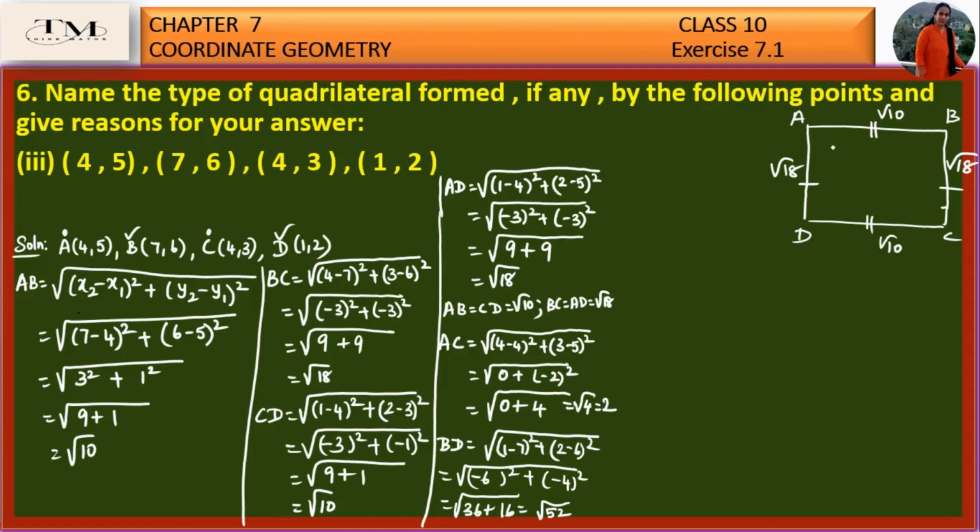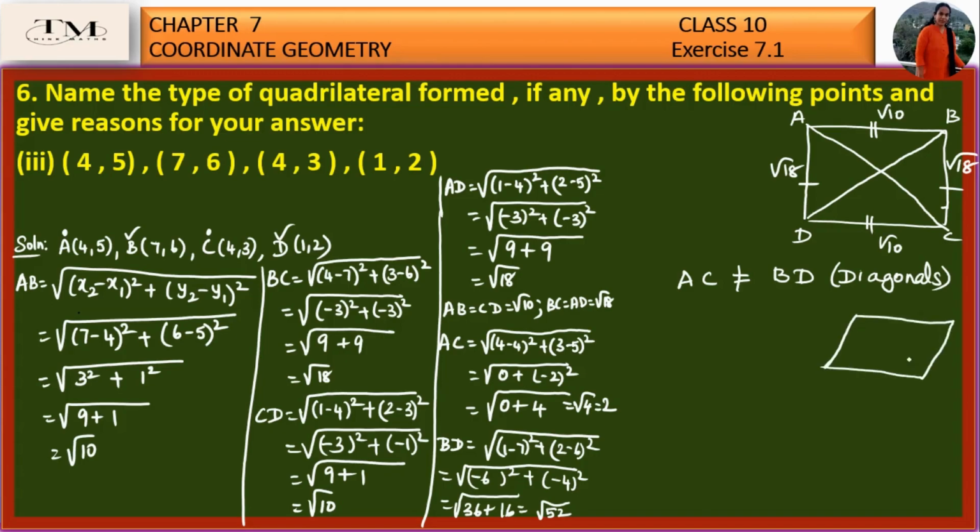So if it is to be a rectangle, what happens? AC and BD should be equal, that is, their diagonals should be equal. Is it equal? AC is equal to 2 and BD is equal to root 52. So diagonals are not equal. So if diagonals are not equal and opposite sides are equal, then it is a parallelogram.